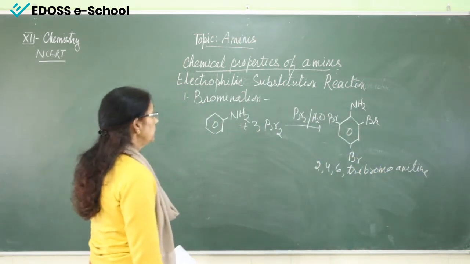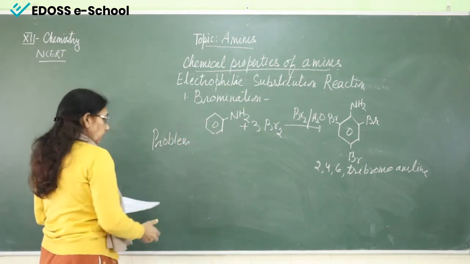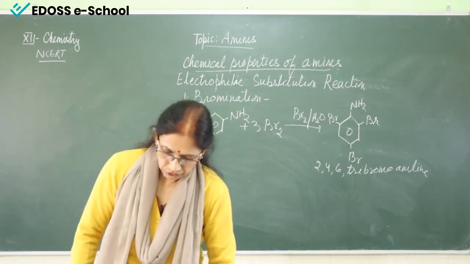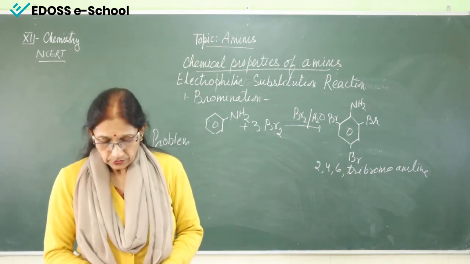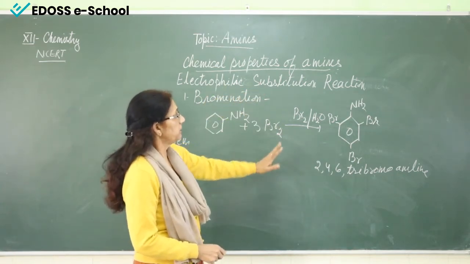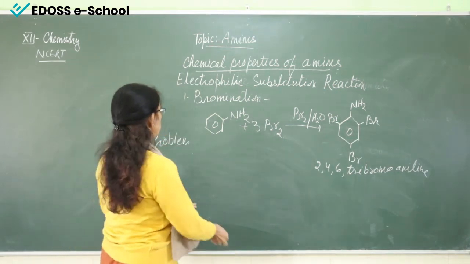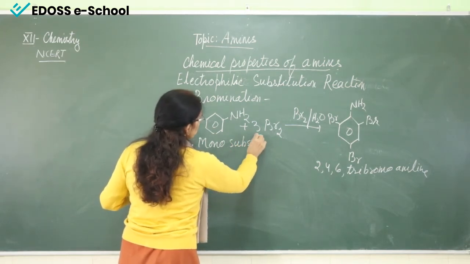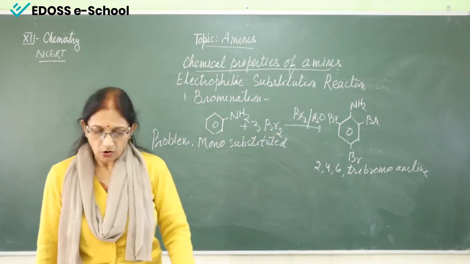Now there is one problem. What's the problem? The problem in electrophilic substitution reactions is that they are ortho or para directing. If we don't want ortho or para substituted compounds, we want only mono substituted, how can we do it?